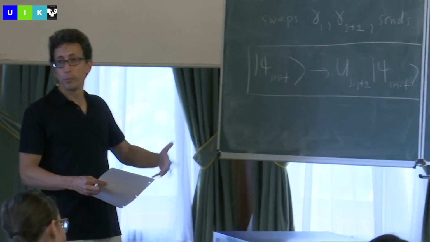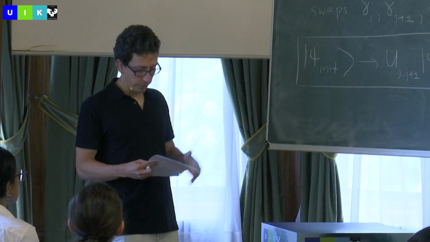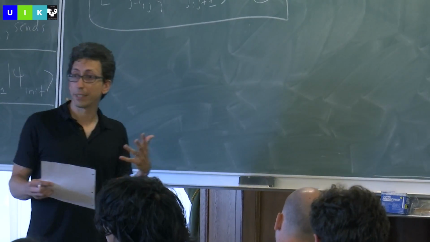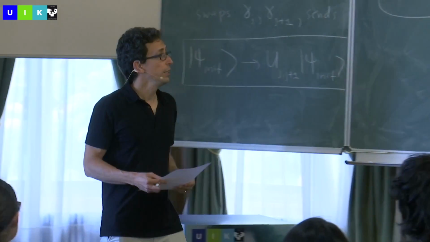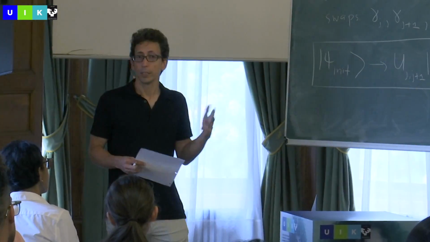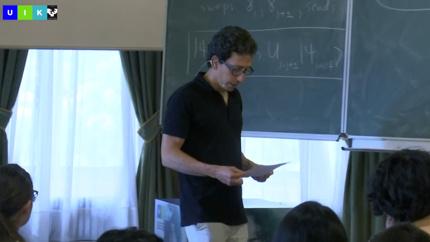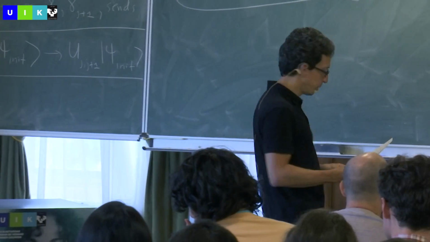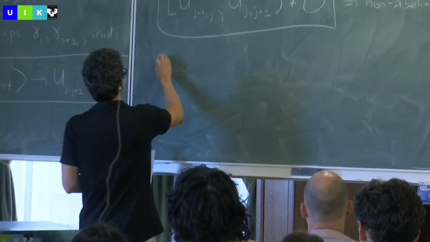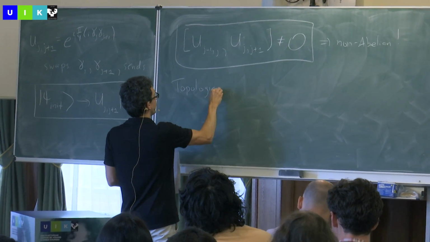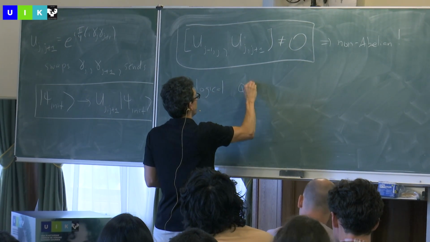But now there's an added bonus that we get by virtue of non-abelian statistics, and that's that we'll have access to a certain set of inherently fault-tolerant gates that we can enact on qubits encoded in the space spanned by Majorana zero modes. All right, so let's explore that in a little bit more detail.